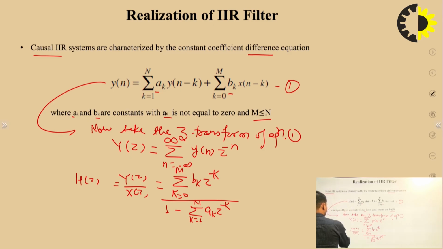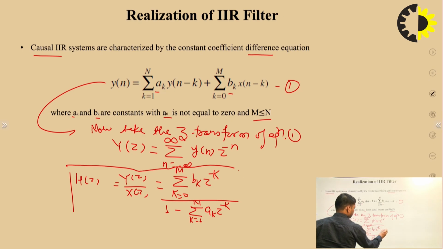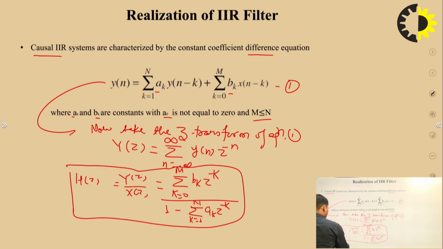That is the overall transfer function of an IIR system in the z domain.